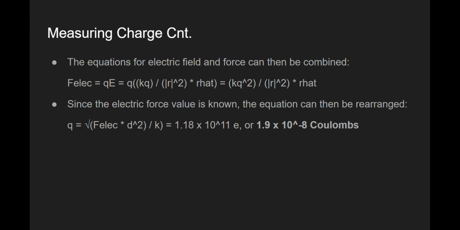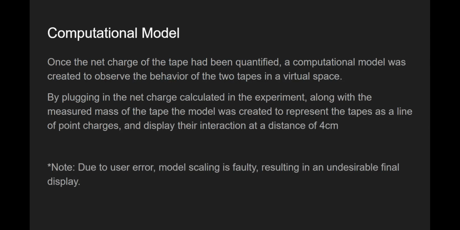Since the electric force value is known, the equation can then be rearranged into Q equals the square root of the electric force times the distance squared over k. With this equation, we calculated the value to be 1.18 times 10 to the 11th elementary units, or 1.9 times 10 to the negative 8 coulombs for the charge.